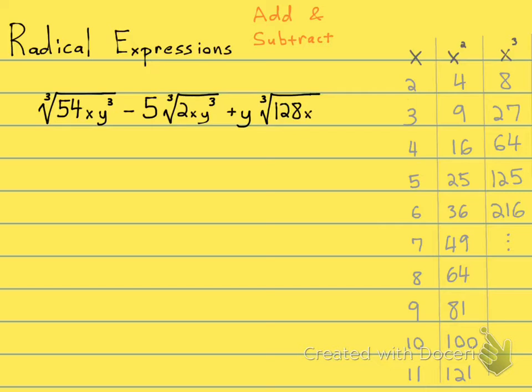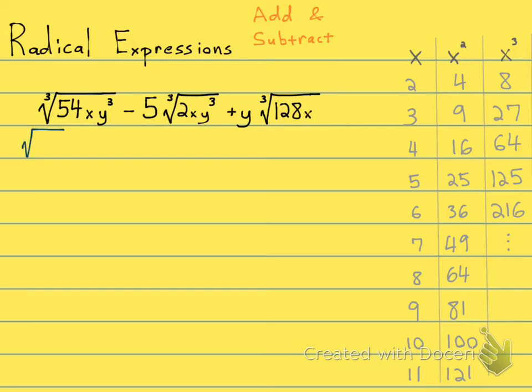So let's notice that it's a cubed root. So underneath, we would need a group of 3 to take one out. And you might need to go back and take a look at some of the videos on simplifying radicals. So for this first one, the cube root of 54xy to the third. Okay, I'm going to split it up.